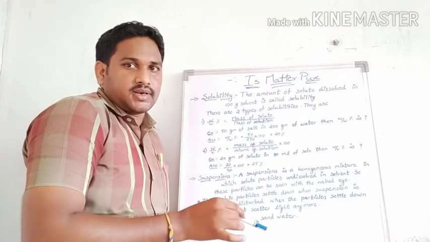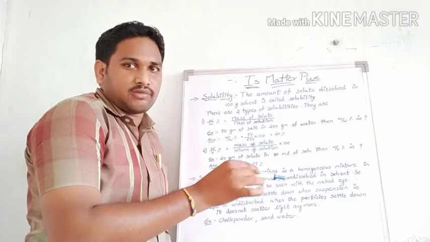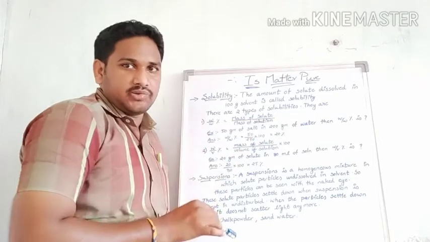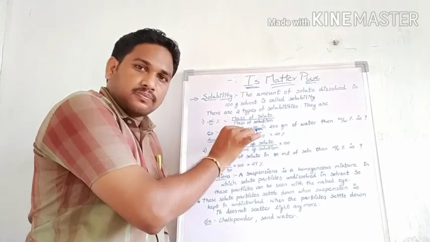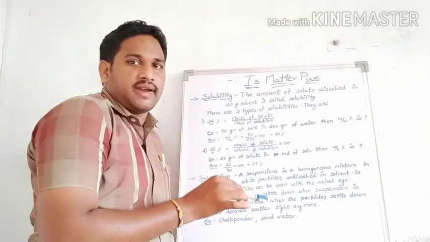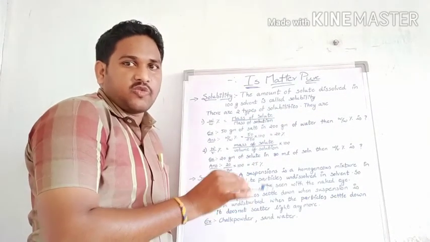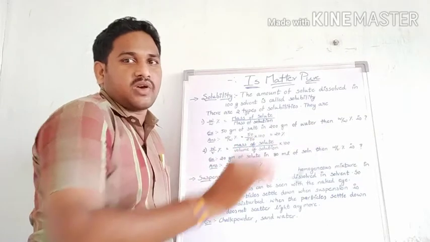Do you know that solute plus solvent equals solution? So 50 grams of solute plus 200 grams of solvent forms 250 grams of solution.